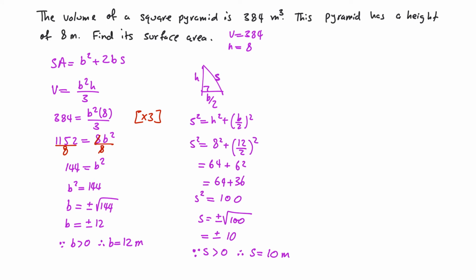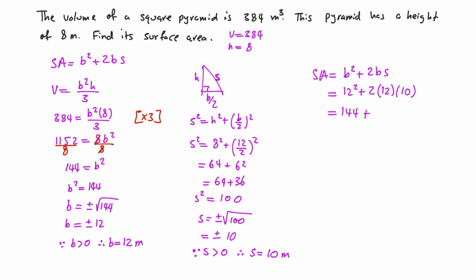I now have all the information I need to calculate my surface area. So surface area is equal to b squared plus 2 times b times s. B value is 12 squared plus 2 times the b value again, 12, times the s value, which is 10. 12 squared is 144.